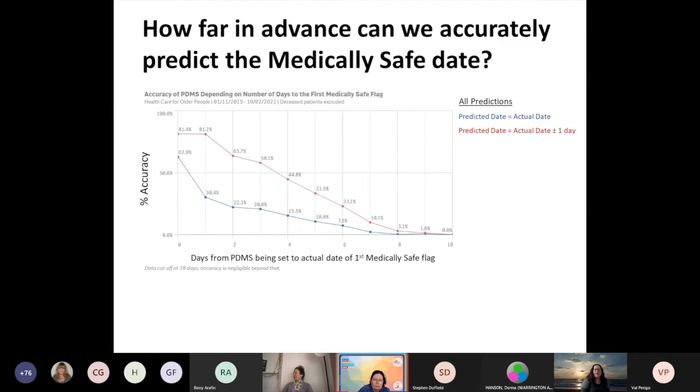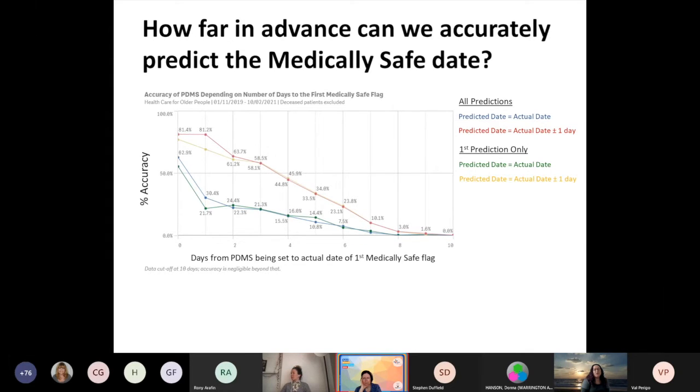So how far in advance can we predict the medically safe date? Not very far, actually. The best accuracy, of course, is for today or tomorrow, but that's not helpful.